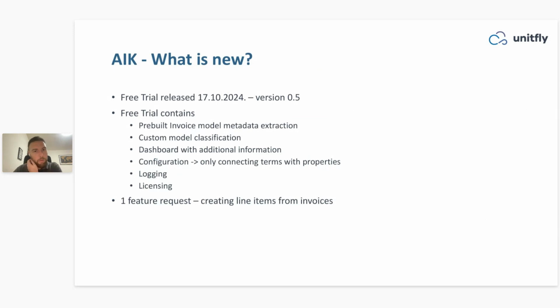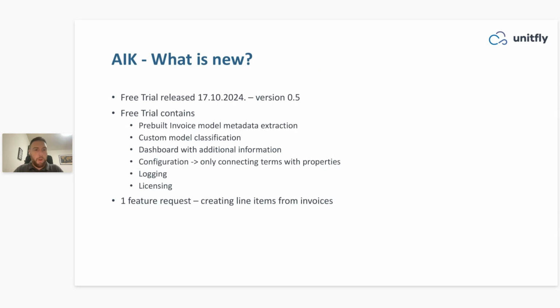We had, I think, 20 requests for trial, and we have one feature request from the person who tried the AI Kit. It's creating line items from invoices. That's also planned for one of the next versions, so we'll work on it.